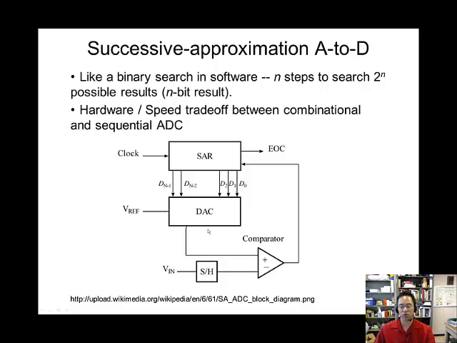We jump back and forth until the comparator tells us yes, we're right. So basically, this binary search in software allows us to use n loops to search through 2 to the n different possible results. And this is the most common type for analog to digital conversion.